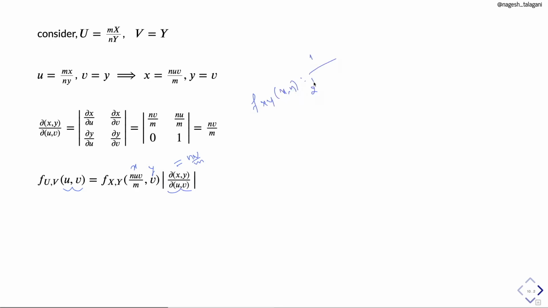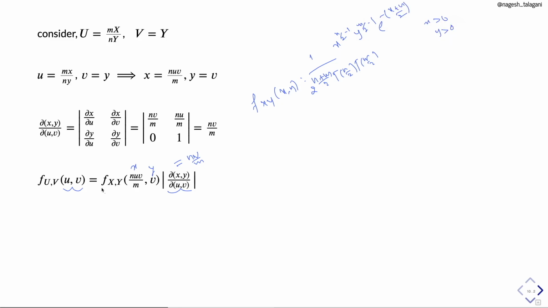It is 1 by 2 to the power of (n plus m) by 2, gamma n by 2 times gamma m by 2, x to the power of n by 2 minus 1, y to the power of m by 2 minus 1, e to the power of minus (x plus y) by 2. This is for x positive and y positive.